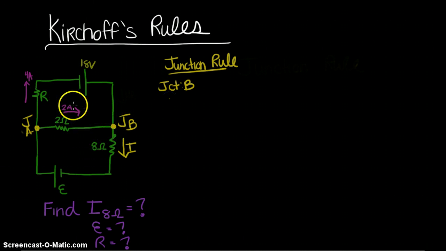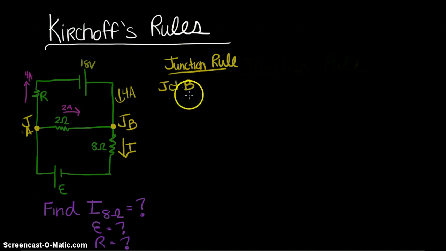Well, I can see that this 2 amp current is coming into junction B. And so I wonder what the current is on this branch above junction B. Let me backtrack here. I have this 4 amp current through this unknown resistor and this battery in series with it. So the current coming down is 4 amps as well.